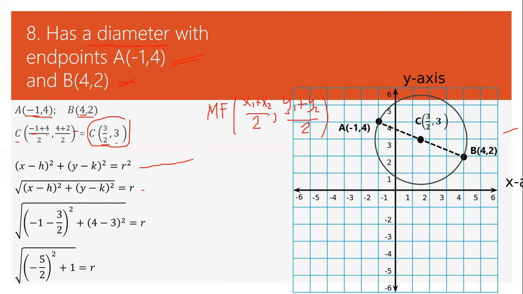So let's remove the square by square rooting both sides. So r is on the left, and on the right is the square root of x minus h squared plus y minus k squared.